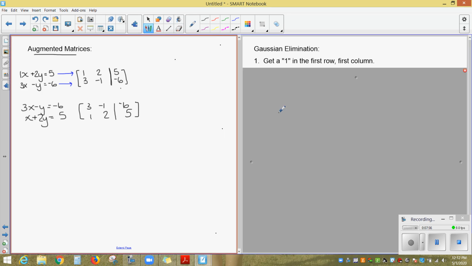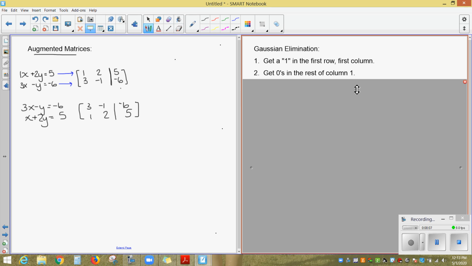Okay, so I need to get a 1 up here in the first row, first column. That step's already done for me if I look at this top thing. After that, I want to get zeros in the rest of column 1. That's going to be using the linear combination idea that I just mentioned.